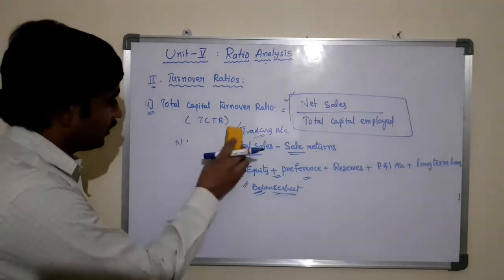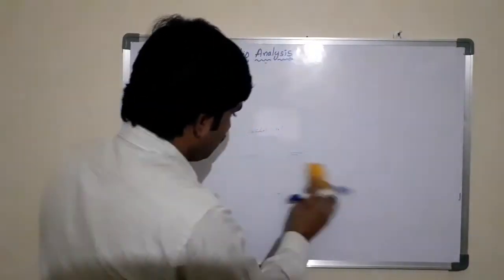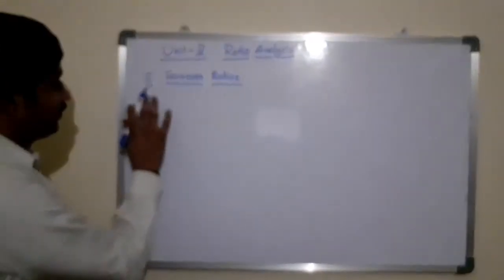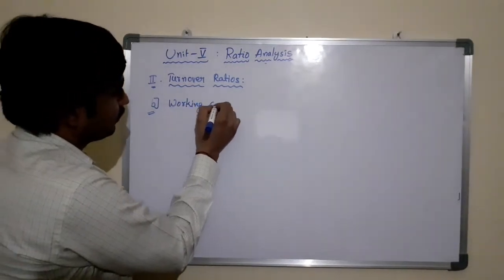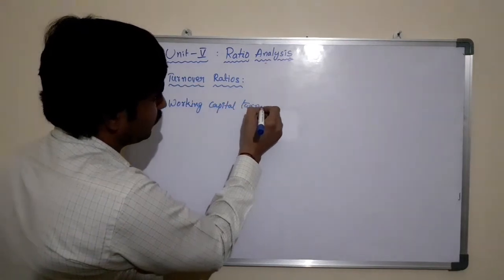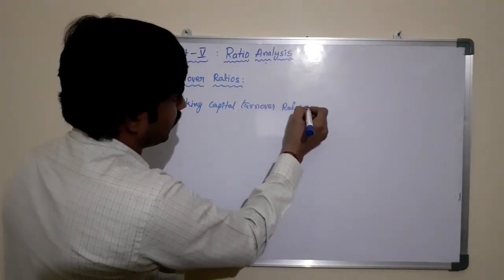And the second type of turnover ratio is the working capital turnover ratio, WCTR.